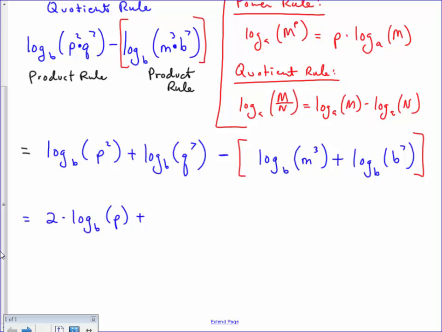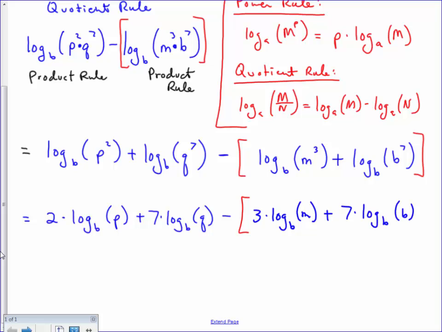This would become plus 7 log base b of q. And then minus, I'm going to keep the bracket still. This would become 3 times log base b of m plus 7 times log base b of b. And then close bracket.